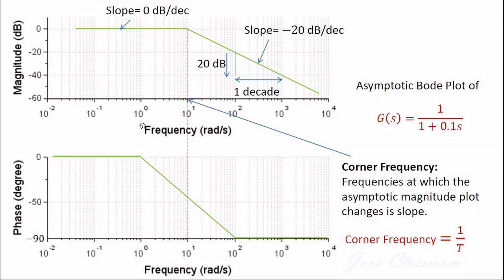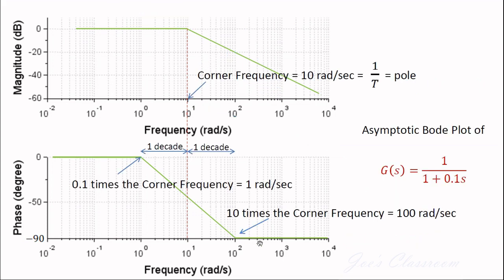Now the question is, is there any relation between this corner frequency and the change in slope of the asymptotic phase plots? Yes, there is some relationship. When it comes to the asymptotic phase plot, the slope changes at 2 points: one before the corner frequency and another after it.